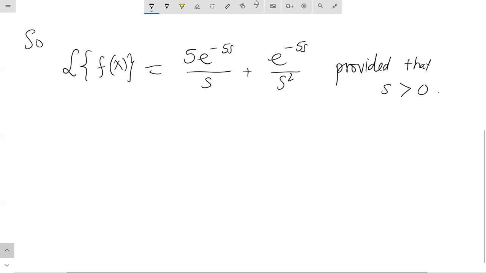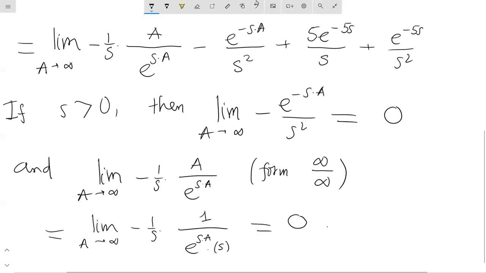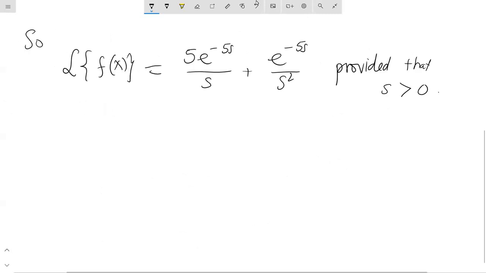So you see above that we have used some limit formulas, and those limits are 0. Let me just list here a few common limits that you may use, needed for the Laplace transform.